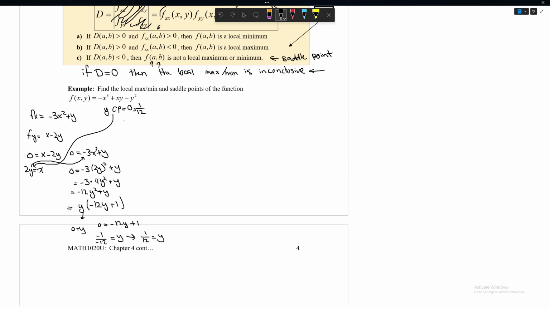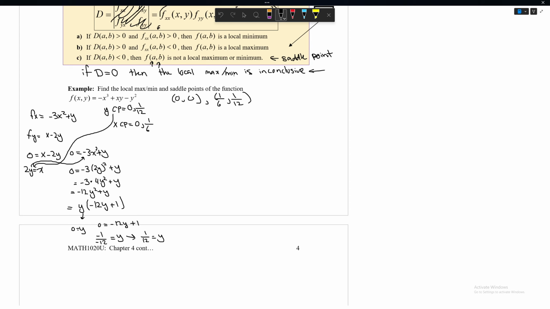Now what I'll get for my XCP equals 0, and 1 over 12 times 2 is 2 over 12, which is 1 over 6. So now we have found our critical points, which are 0, comma 0, and 1 over 6, comma 1 over 12.